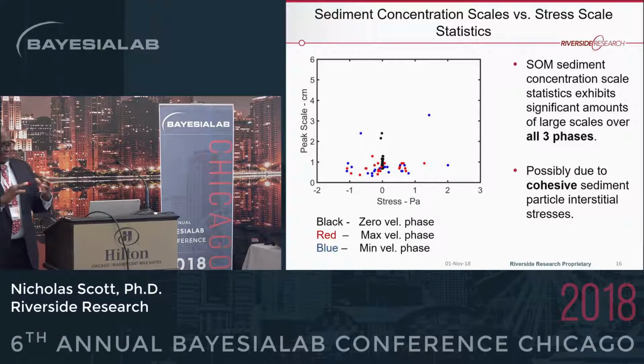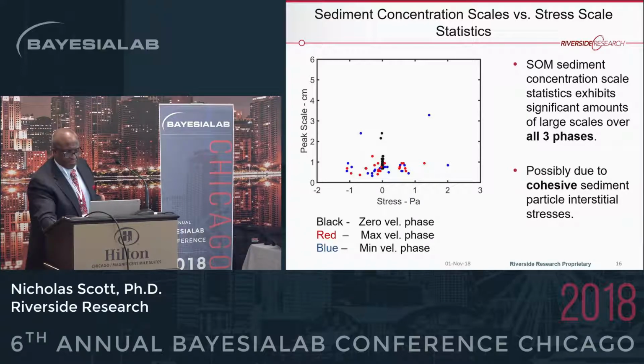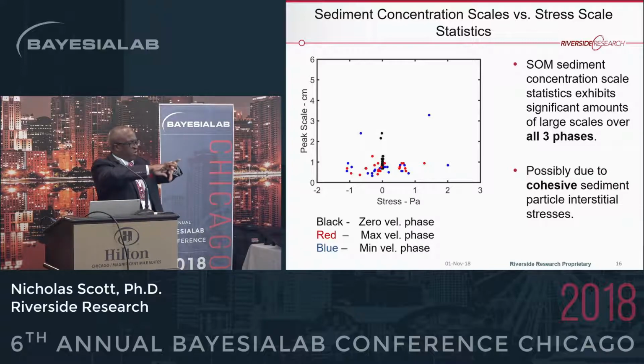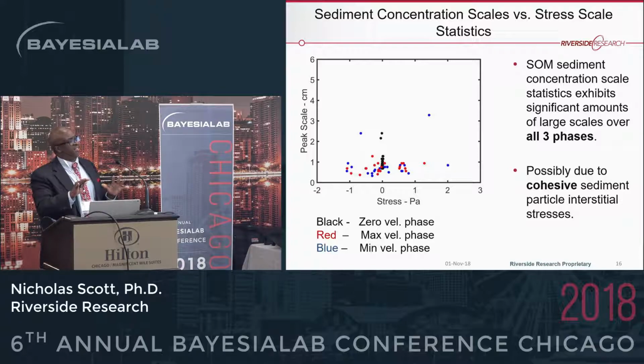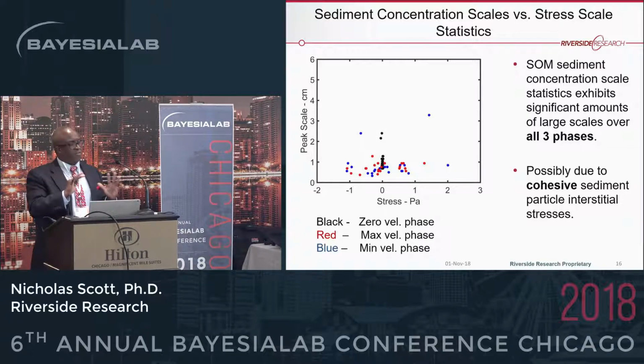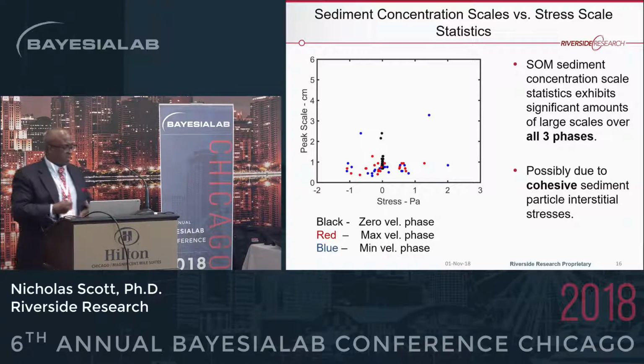And so you have this cohesive coagulation of all the sediment particles that gives it a very broad spectrum, very different from pressure and velocity. So again, something that's verified by numerical models.